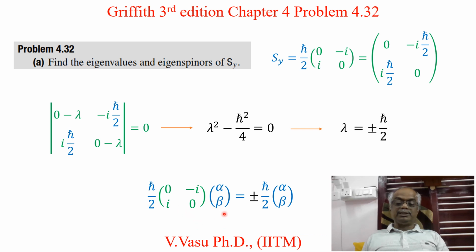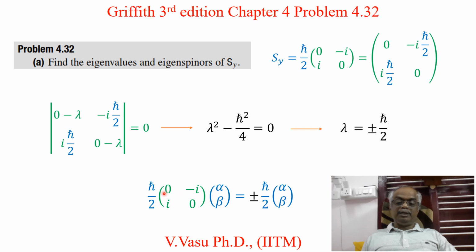Now our task is to find alpha and beta. You know the eigenvalue: we have seen it is plus or minus ħ/2, multiplied by this column matrix (alpha, beta).